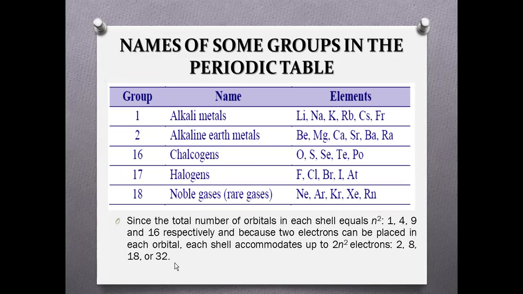If it is 2, that is 4. 3 gives 9, 4 gives 16. Because each orbital has 2 electrons, you will end up with 2, 8, 18.